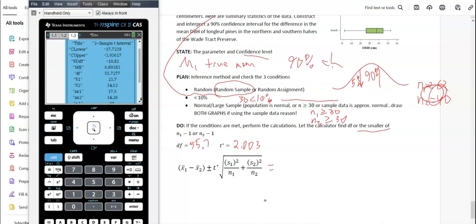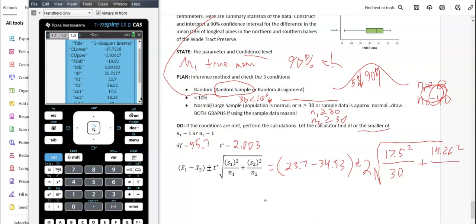So this is equal to x1 minus x2, 23.7 minus 34.53, plus or minus 2, because that was pretty much 2 for our t-critical value, times the square root of standard deviation of 1, so 17.5 squared over n1, which was, I think, 30, plus s2 is 14.26 squared over 30. And you could type that in the calculator, but you don't really need to.